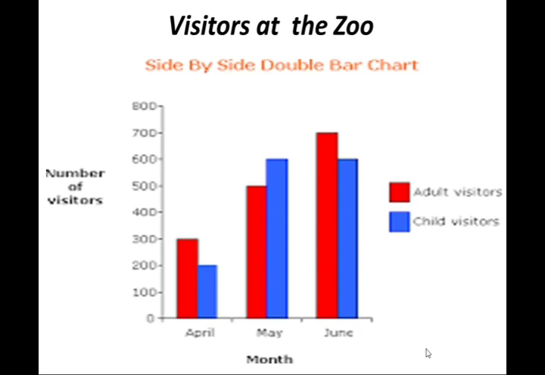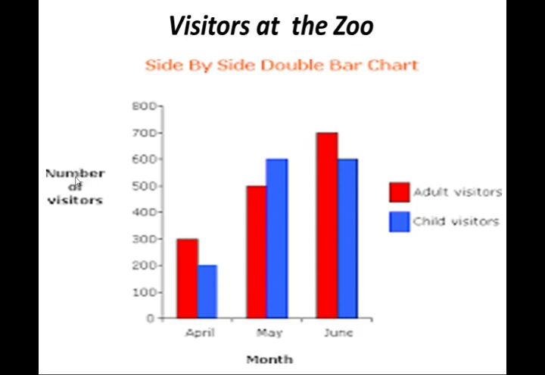Before I leave you, there's one more type of graph that I want to show you. This is called a side-by-side double bar chart. Now we call it a double bar chart because here now we have 2 bars in one category. The title tells you that we are talking about visitors at the zoo.